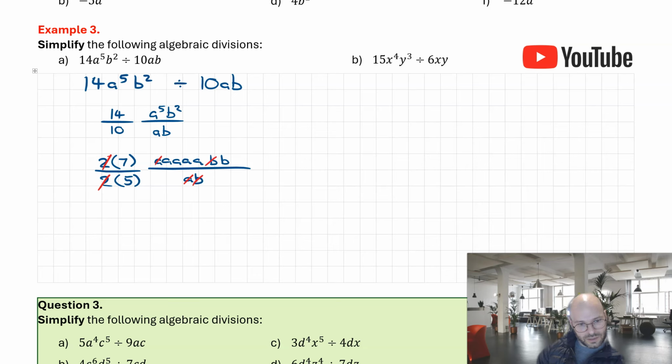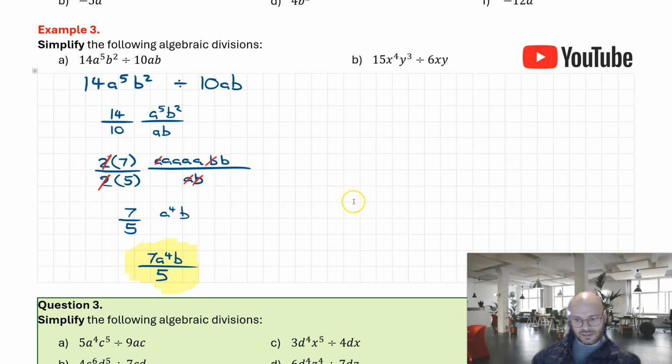So rewriting this, we get 7 over 5, and then upstairs we have a to the power of 1, 2, 3, 4, b. Now this is completely simplified, but a nicer way to write this is all as a single fraction. So we can go 5 downstairs, 7 a to the power of 4, b upstairs. And here is your most simplified form.